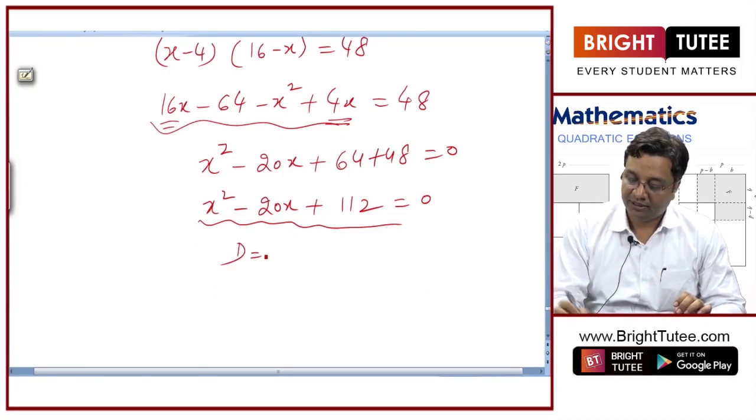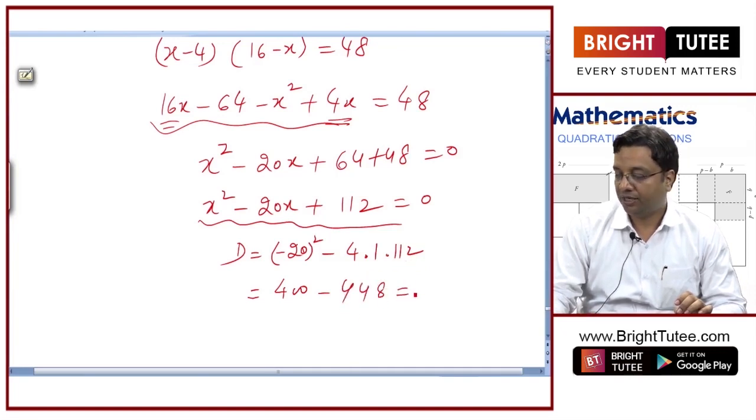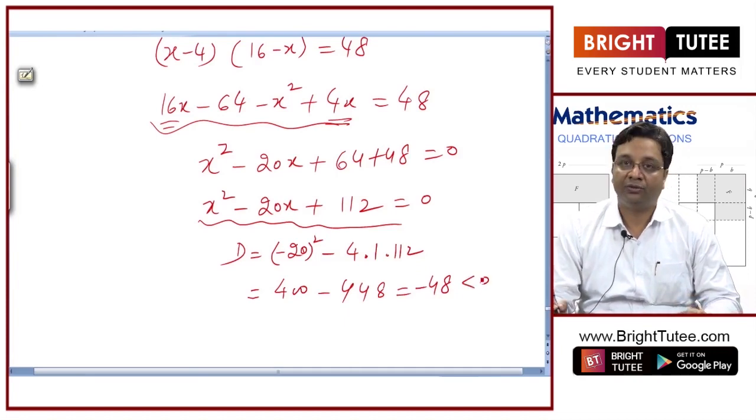So let's see, discriminant here will be minus 20 square minus 4, a is 1, c is 112. Right, so this is equal to 400 minus, this is obviously bigger than 400, but let's calculate. This is 844, so minus 48, which is lesser than 0.